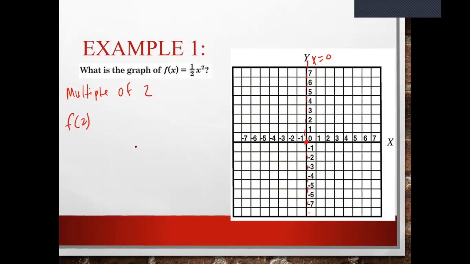So I'm going to find f of 2. When I plug in 2, I get 1/2 times 2 squared. That gives me 1/2 times 4, and that gives me 2.